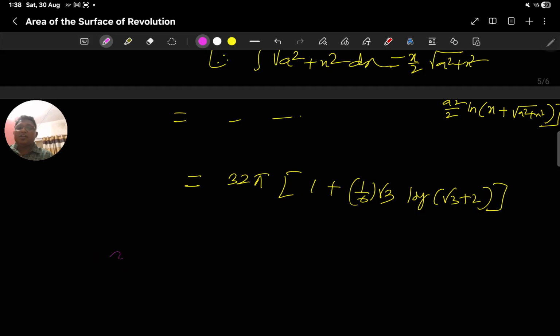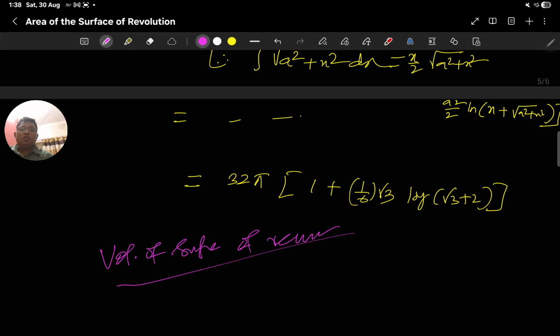In the subsequent lecture, I will discuss volume of surface of revolution. In area and volume, it is important to find the limit, for which we need the knowledge of curve tracing.